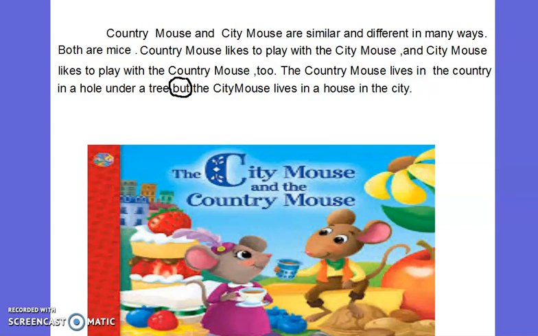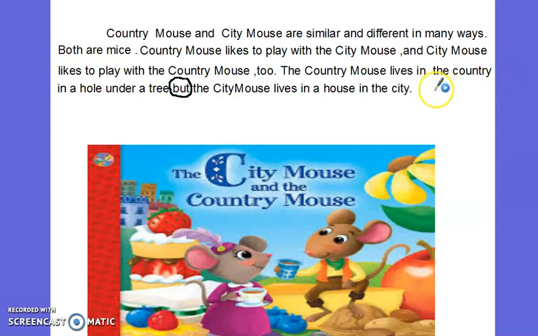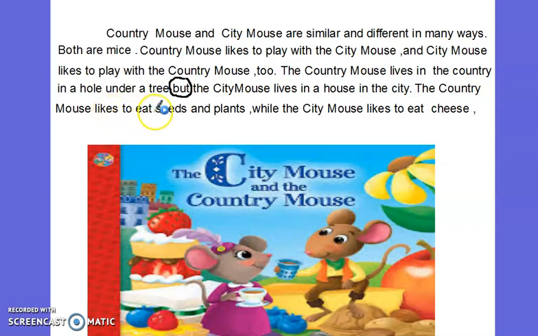Now, what's the other difference? The country mouse likes to eat seeds and plants, while the city mouse likes to eat cheese and cake. So we will write them here. The country mouse likes to eat seeds and plants, while the city mouse likes to eat cheese, cakes, and pies.